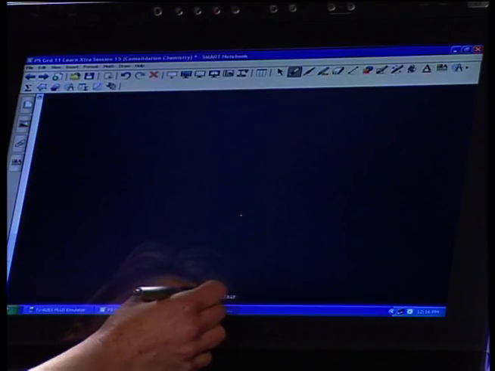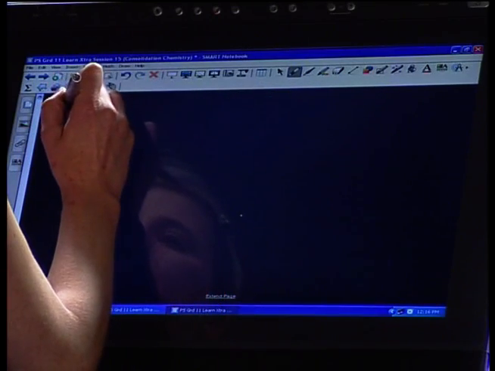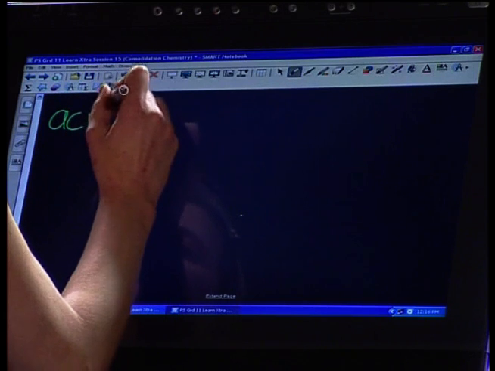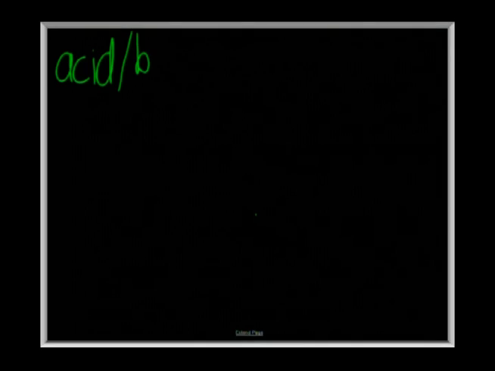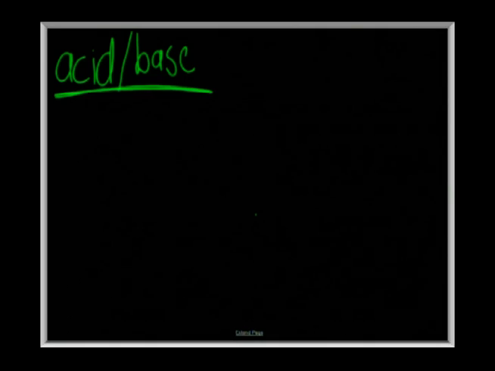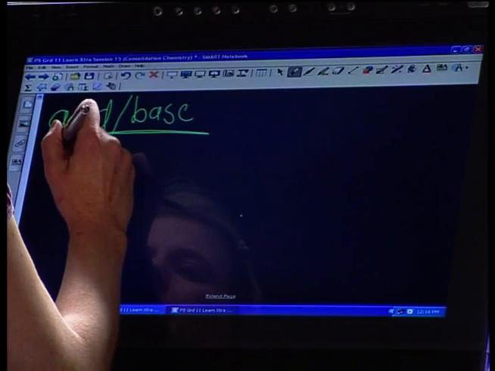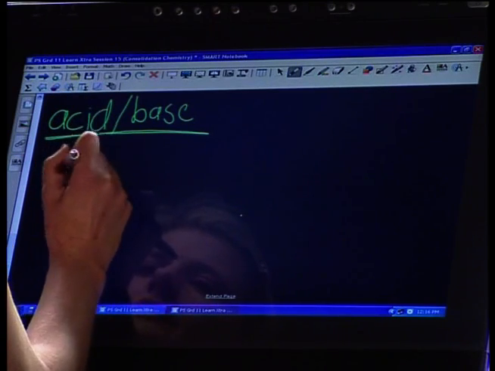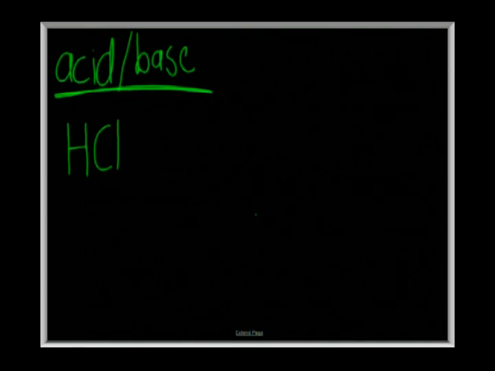The next reaction that we need to be able to identify is an acid-base reaction, also in some cases called a neutralization reaction. Now, in an acid-base reaction, unlike a redox reaction, there's no change in the oxidation numbers, and let's have a look at a typical example. A typical example would be something like hydrochloric acid reacting with sodium hydroxide.